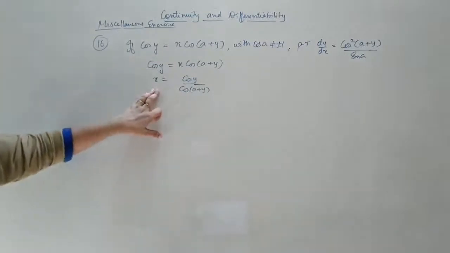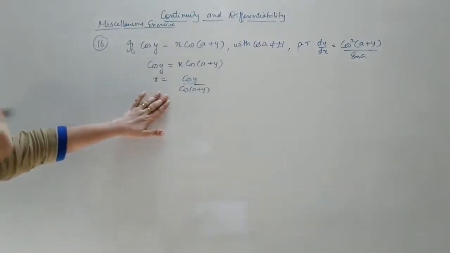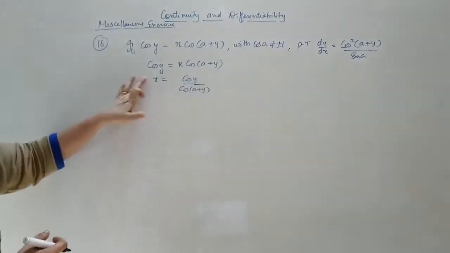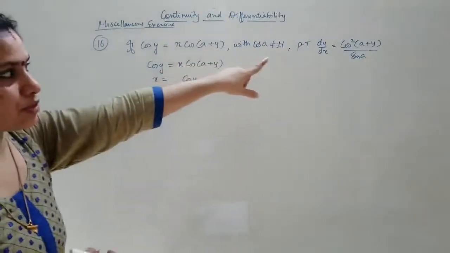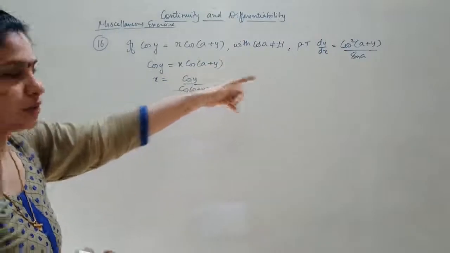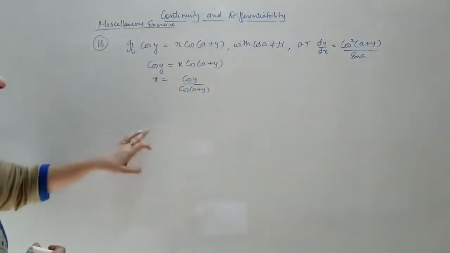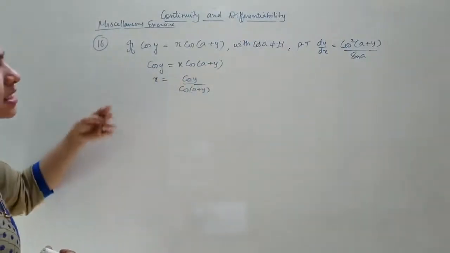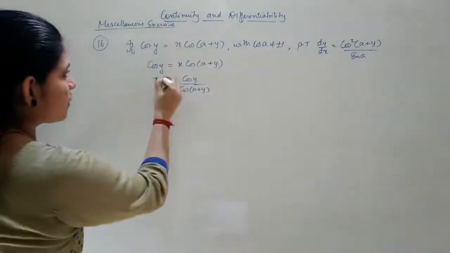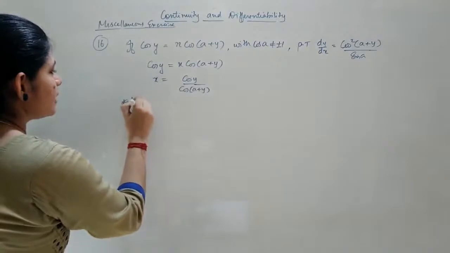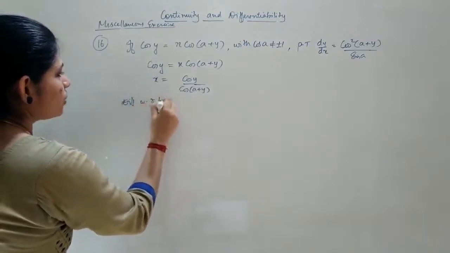Now we will differentiate this equation with respect to y. That means in the left hand side we will get dx by dy, and our purpose is to prove dy by dx equal to. So at last when we get dx by dy, we will just reciprocate it so that we will get dy by dx. Firstly, we are differentiating with respect to y.